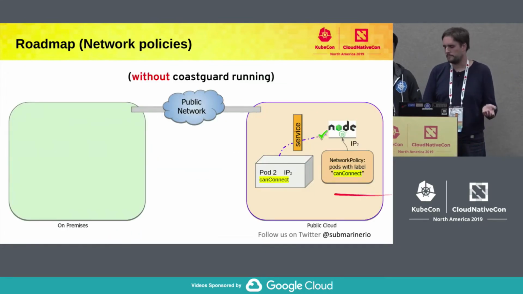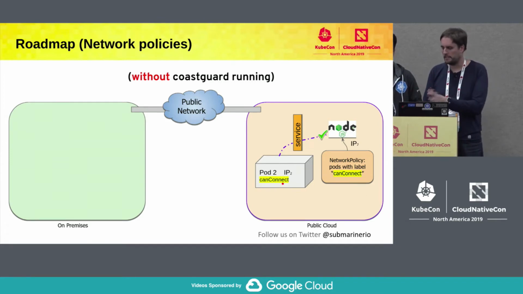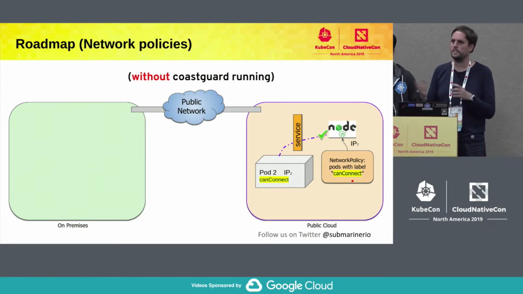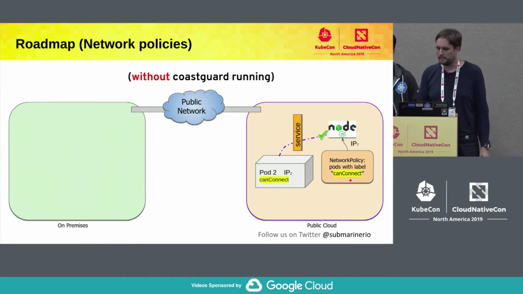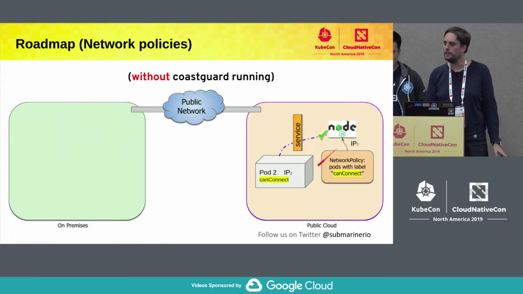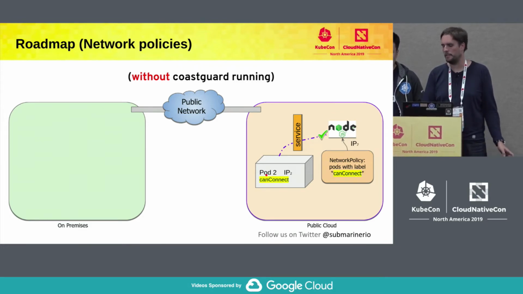So this is the normal case, Coastguard, just local traffic, and network policies select pods based on labels and namespaces. This network policy for this pod is selecting pods with this label. In this case, it works.